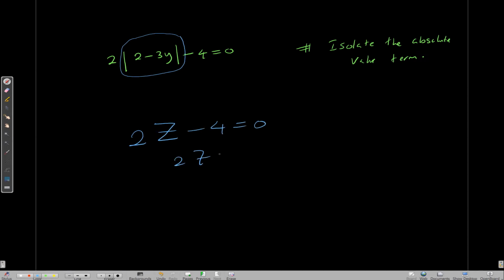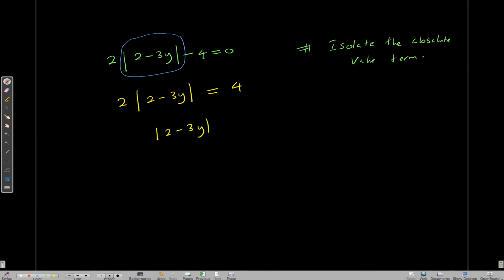So 2z equals 4 and z equals 4 over 2, right? You just have to do the exact same thing. So 2 times this guy, you add 4 to both sides, so that guy times 2 equals 4. You treat that whole term as one thing, and then divide by 2, you get 4 over 2, which is 2. Now you have an absolute value equation exactly like before. See?